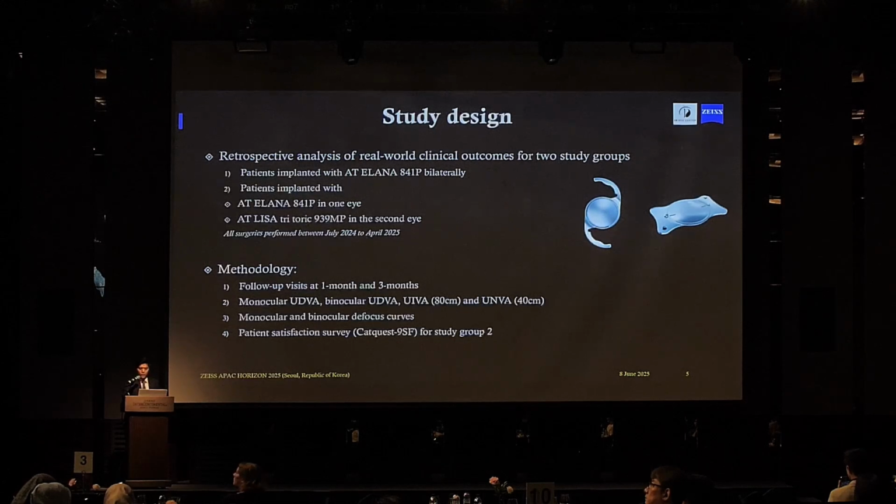Patients were followed up at 1 month and 3 months, including monocular uncorrected distance visual acuity and binocular visual acuities at distance, 80 and 40 centimeters. In addition, my technicians performed monocular and binocular defocus curve measurements. Finally, I evaluated PROMs in study group 2.